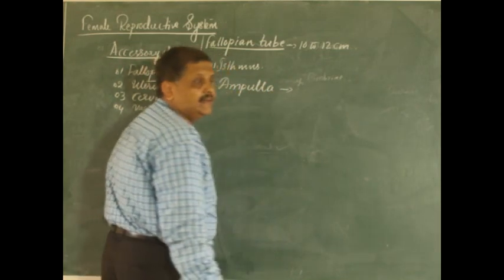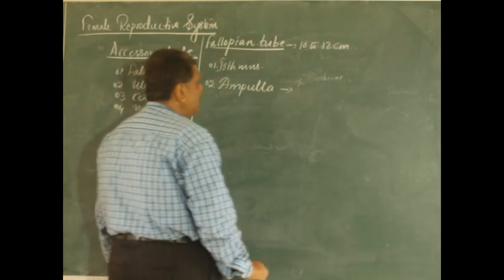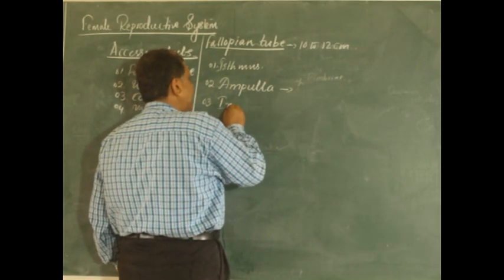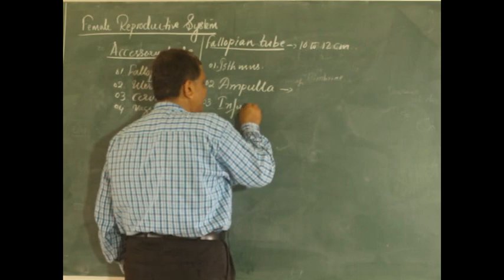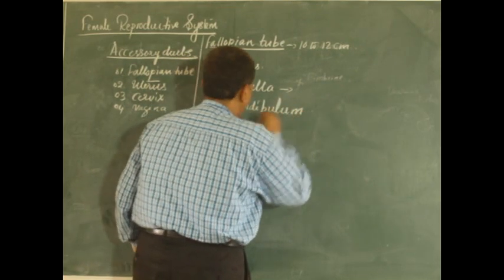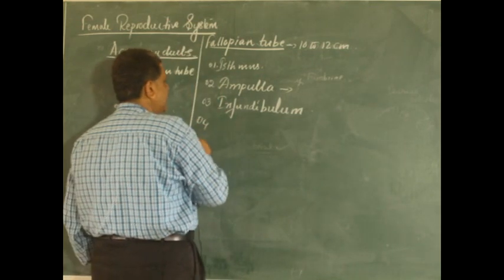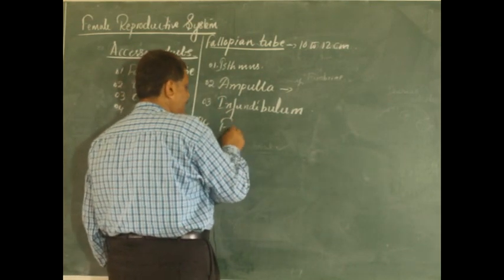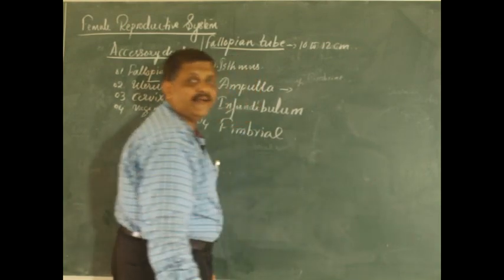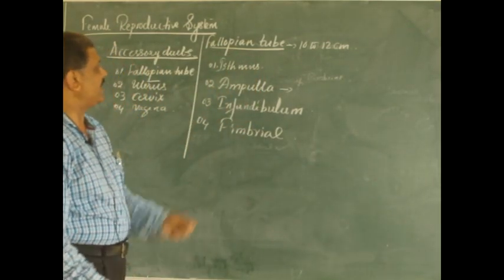Ampulla is the widened part, and the next part is infundibulum, and the next part is fimbrium. These are the finger-like projections that help to collect the egg.